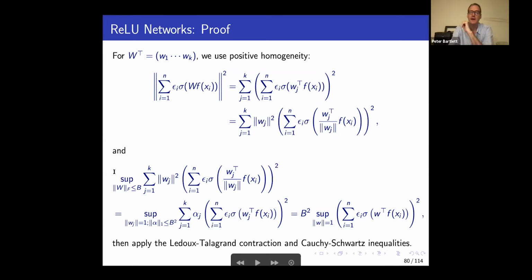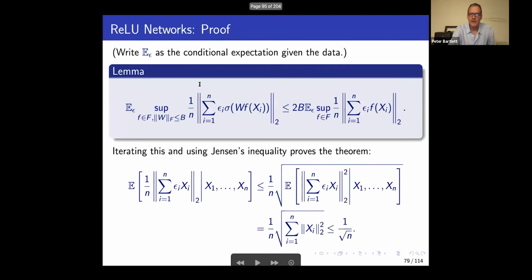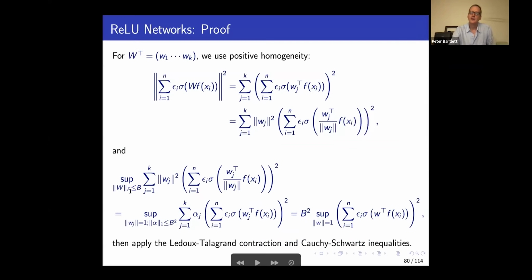When we think about a supremum over the constraint on the Frobenius norm of this matrix, that constraint says all of these terms need to sum up to B. Let's write each norm Wj squared as an alpha j, and the one norm of those alpha j's has to be no more than B squared.